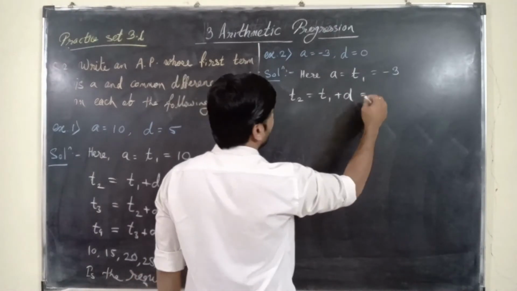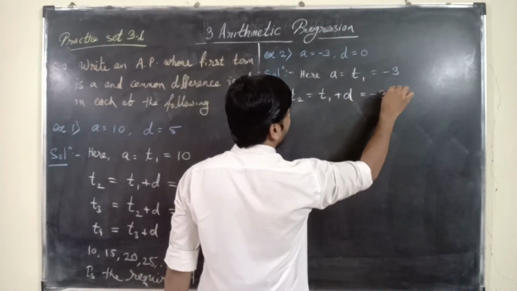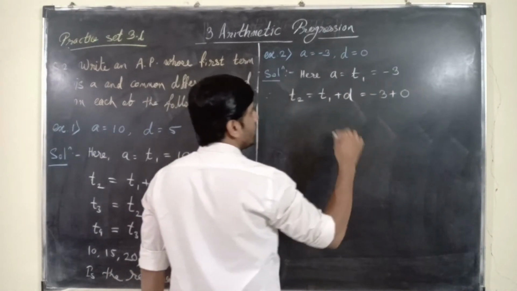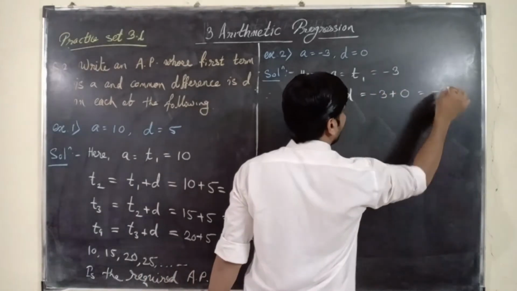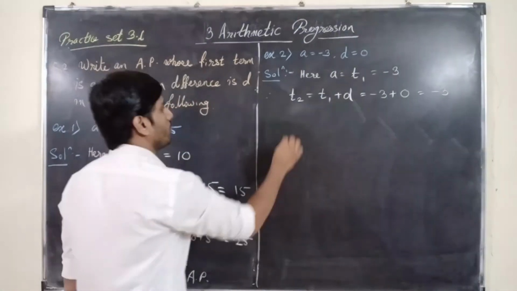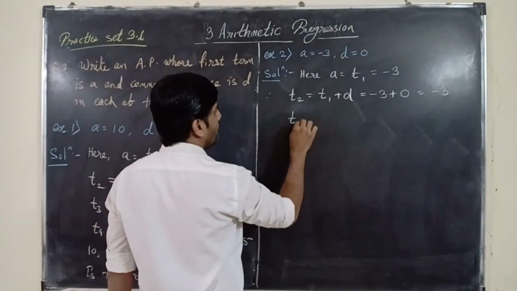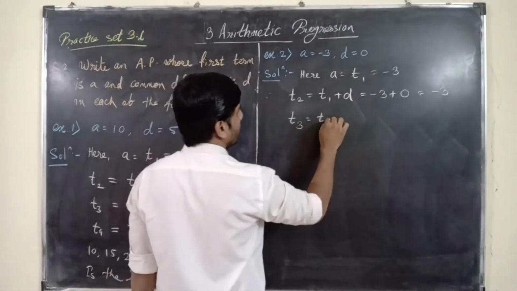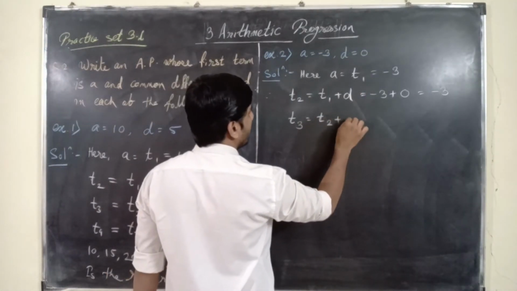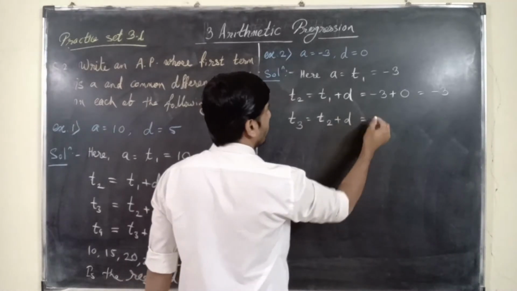So here t1 is negative 3 and we will add the common difference, that is 0, and we will get negative 3 again. Now we will find t3 here. Again we will add d to t2.